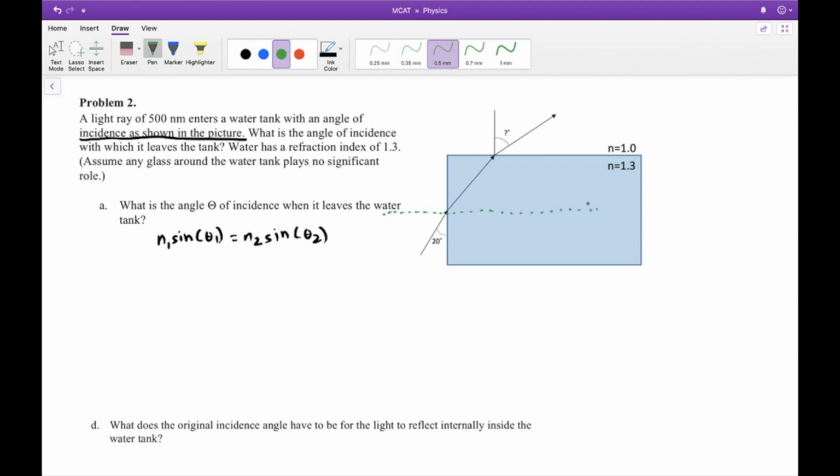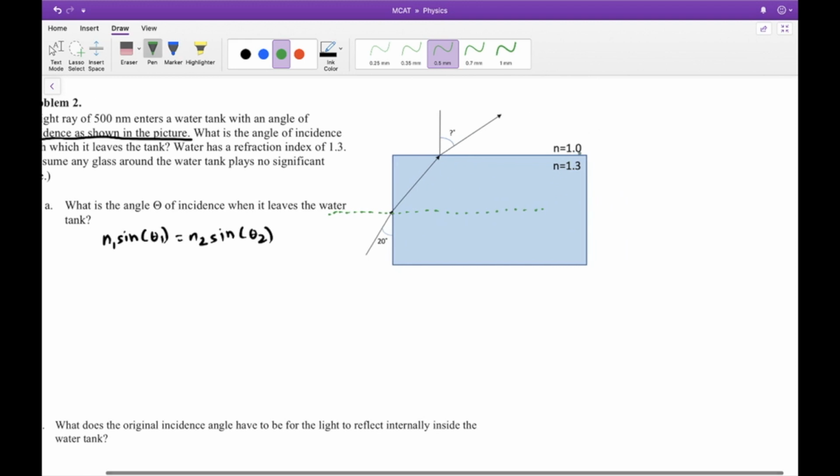And speaking of normal lines, I've had quite a few students in office hours be confused. Apparently Professor Neiman always used horizontal surfaces, so you always thought the normal line is vertical to that surface, and that's true. But not all surfaces are going to be horizontal, right?